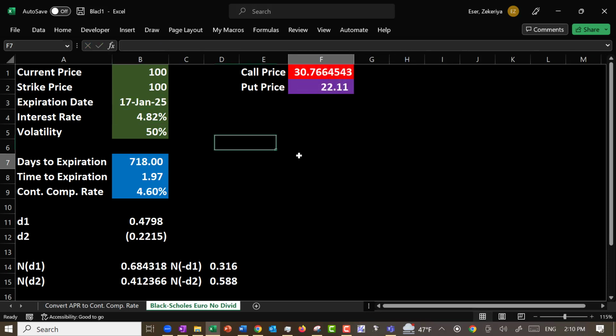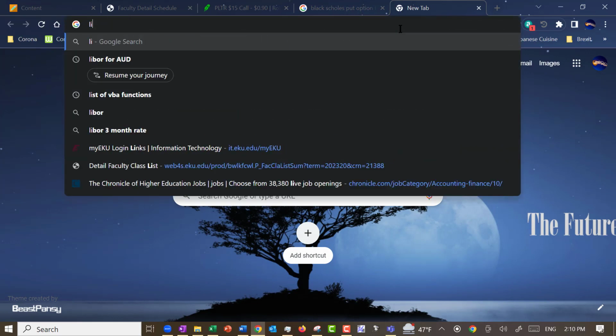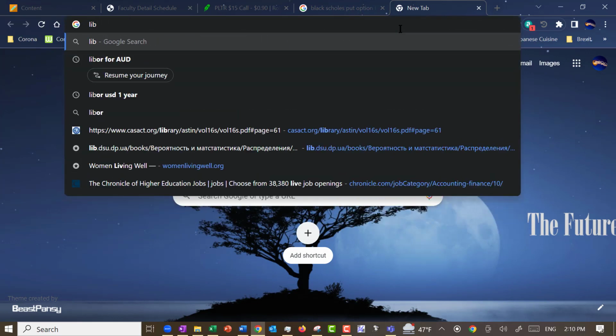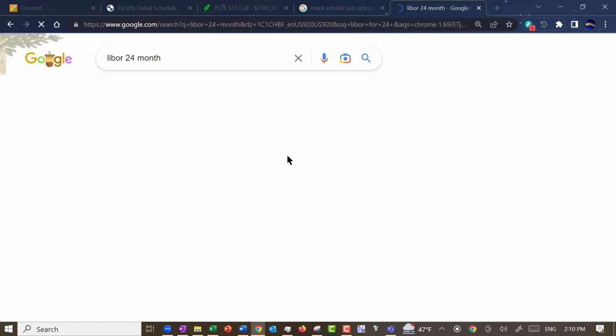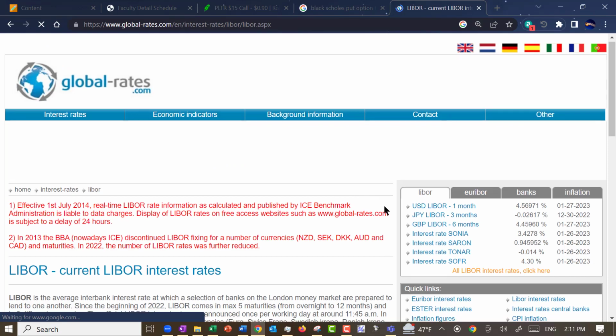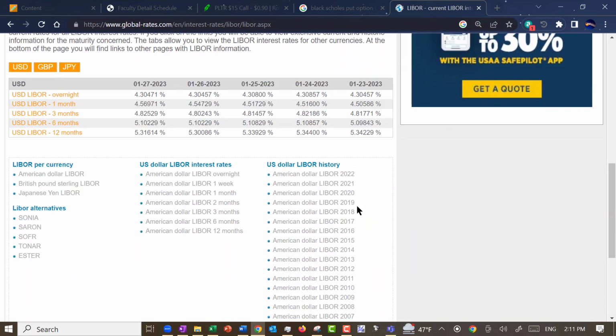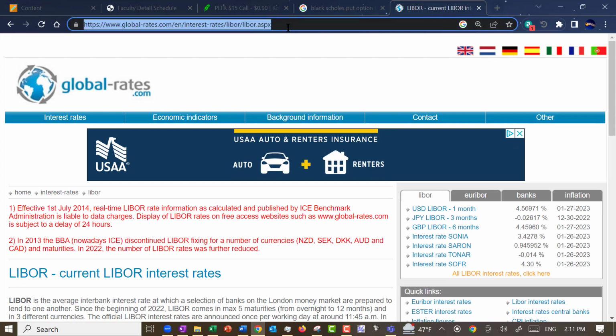It's about 2 years. So let's find out the 2-year interest rates. May not even have it. Okay, let's use the 2-year treasuries.